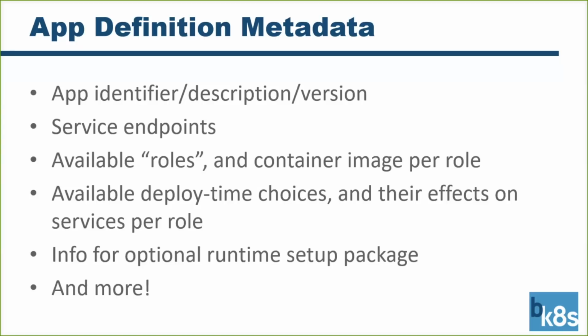The metadata needs to describe what roles are available in this application, and anything that is role-specific, like what container image this role is using, and maybe what services are running on the virtual hosts in this role. And if you're going to use this configuration artifacts package that I mentioned earlier, there also needs to be a URL for where that can be downloaded.